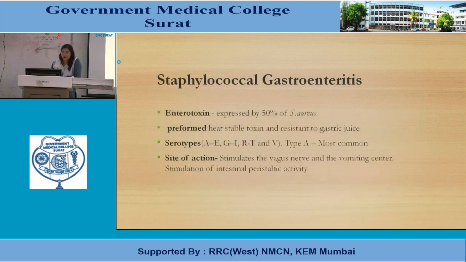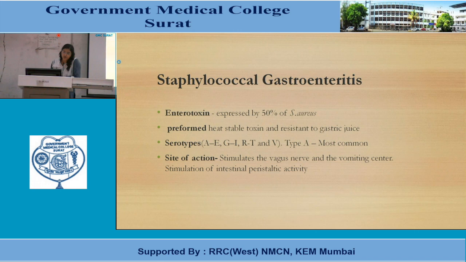Now the Staphylococcus gastroenteritis. This is a food poisoning caused by the enterotoxin produced by Staphylococci. Around 50% of Staph aureus strains produce enterotoxin. It is a preformed heat-stable toxin resistant to gastric juice.